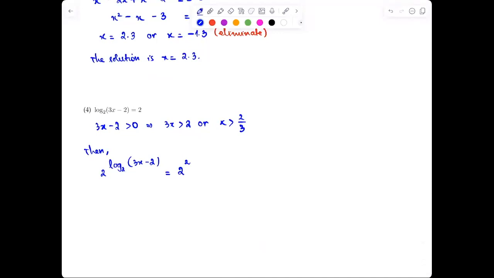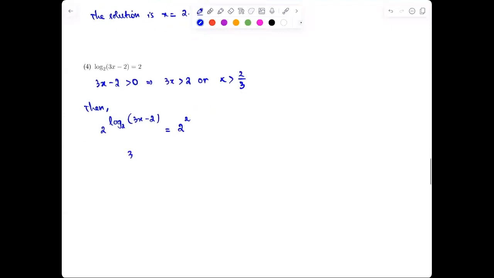Now the exponential function, 2 right here, with a log of base 2, cancel out. But again, it's not correct to do. It's easy to understand. So this cancels out and you'll have just 3x minus 2 on the left-hand side equal to 4. Good.